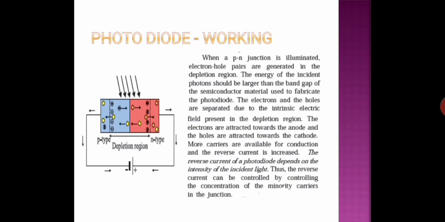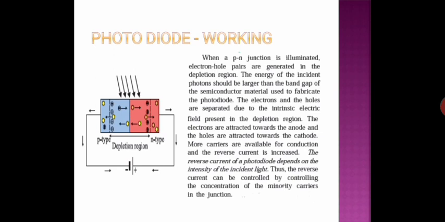When a p-n junction is illuminated, electron-hole pairs are generated in the depletion region. The energy of the incident photons should be larger than the band gap of the semiconductor material used to fabricate the photodiode. The electrons and the holes are separated due to the intrinsic electric field present in the depletion region.